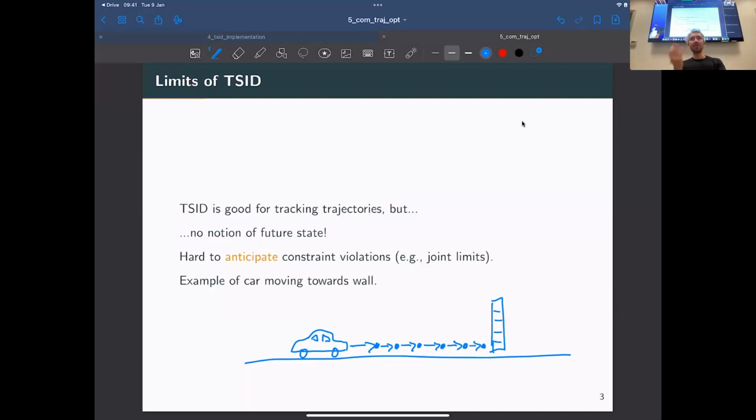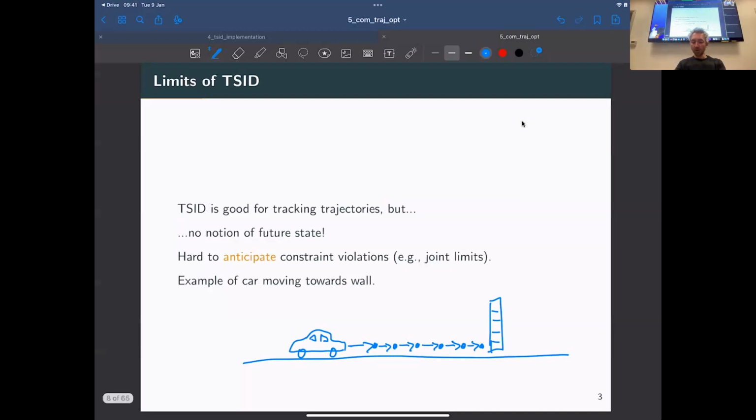Until here, everything is fine, because if you only look at the next time step, you're not colliding with the wall. So you're only going to realize there is a problem when you're sufficiently close to the wall that you can see the collision in the next time step. But that means that you're 2 milliseconds away from colliding. And at that point, whatever you do, it's too late.